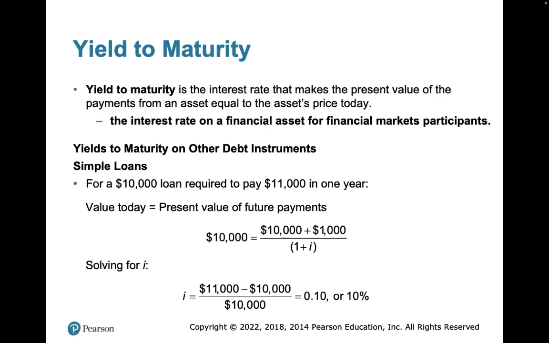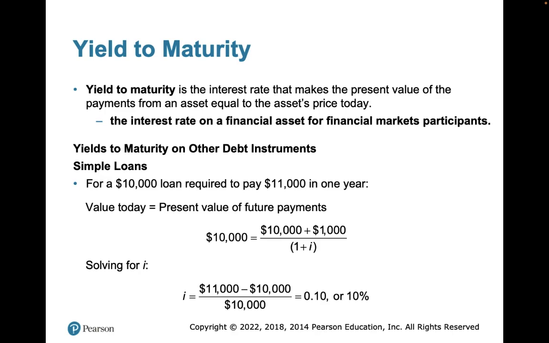Now we're going to look at yield to maturity. Yield to maturity is the interest rate that makes the present value of the payments from an asset equal to the asset price today. It is the interest rate on financial assets for financial market participants, for example simple loans, like yields to maturity on other debt instruments.